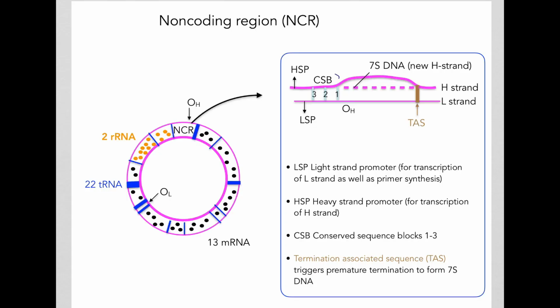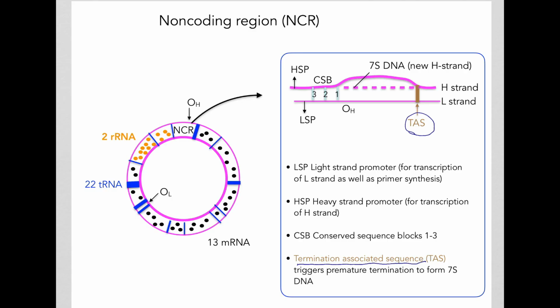Then we have this CSB, which stands for conserved sequence blocks. There is CSB1, CSB2, as well as CSB3. And we also have this part here called TAS, which stands for Termination Associated Sequence.